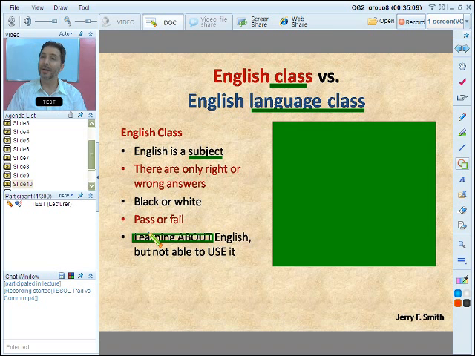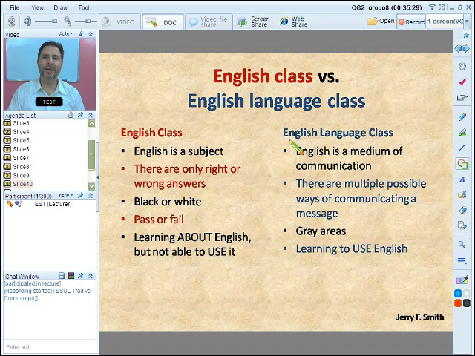You failed. You'll have to repeat this course. Okay? So the student feels stressed. The student is traumatized. The student thinks English is nothing different than another subject. I don't have to use it. I just have to master it. The subject.